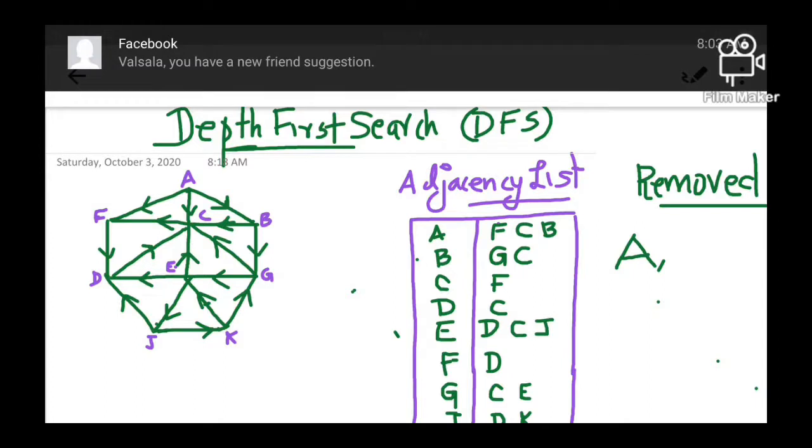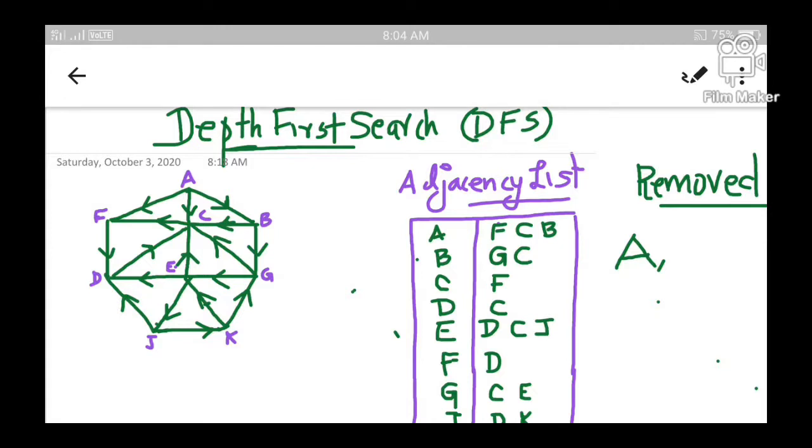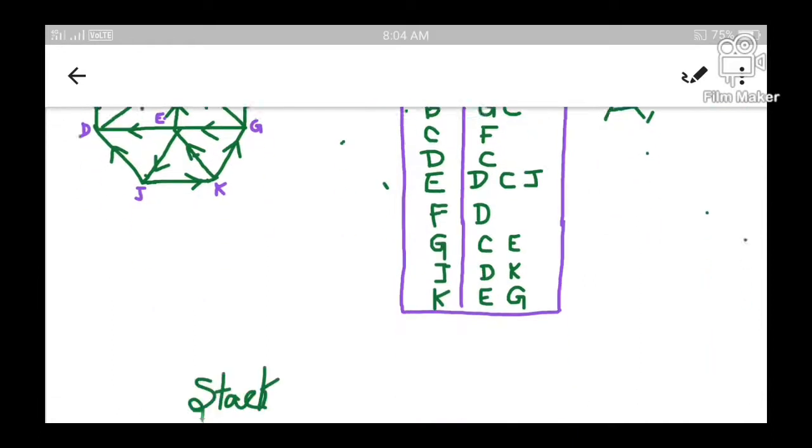Now you have to push all the adjacent nodes of A to the stack. So let me push F, C and B onto the stack.